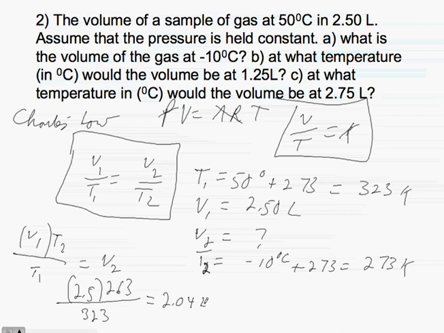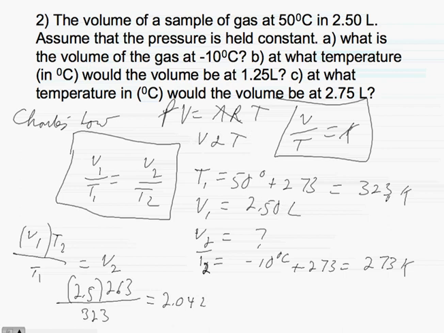So, does this make sense? My volume is proportional to my temperature. If my volume goes up, then my temperature goes up. If my temperature increases, my volume will increase. So what happened here?